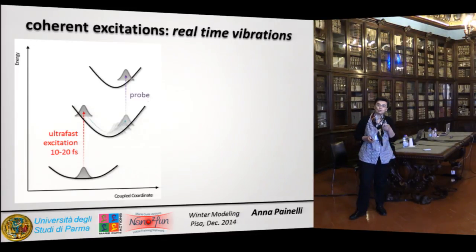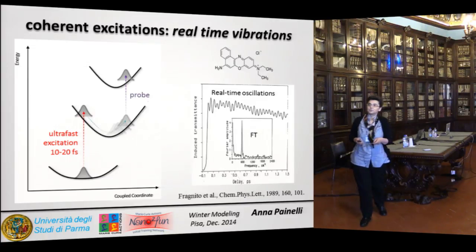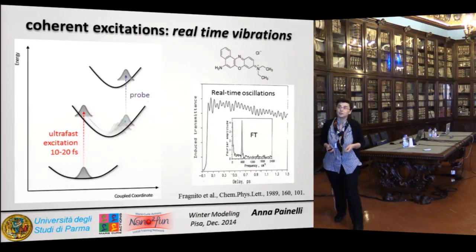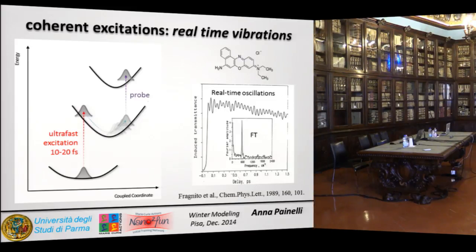And then whatever probe you shine on your system to measure whatever kind of response, in this case induced transmittance, will show some noise, which is not actually a noise, it is an oscillation, which reflects, of course, this oscillation.